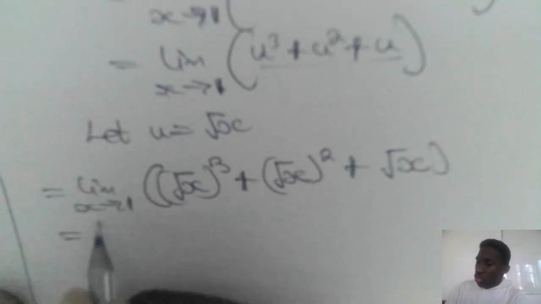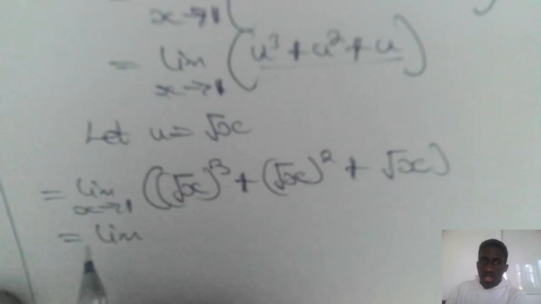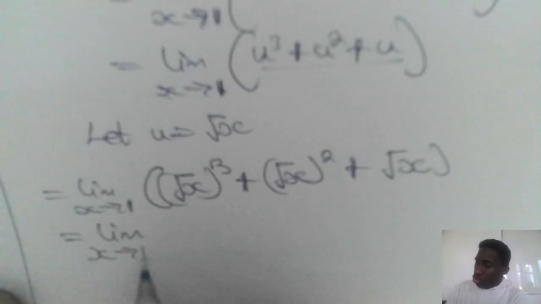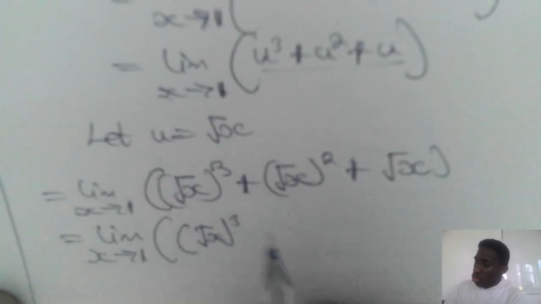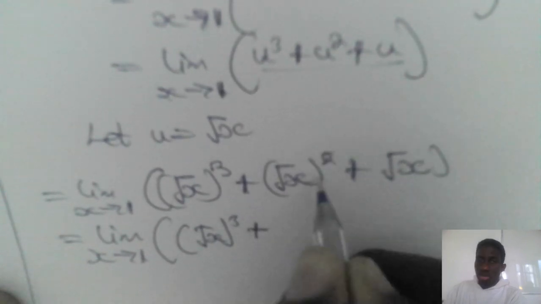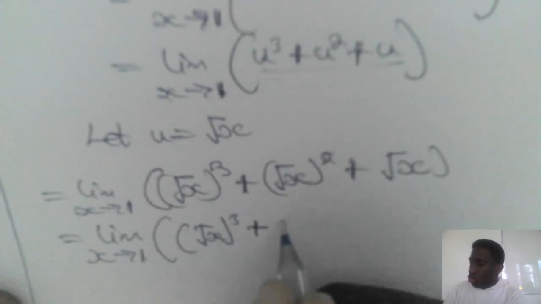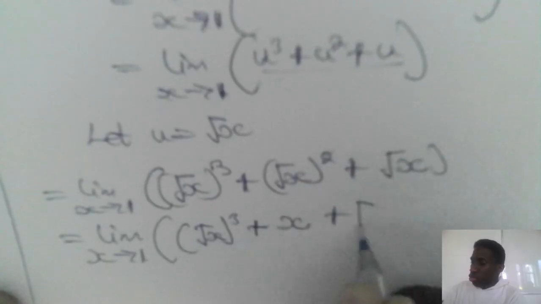So simplifying further, we have the limit as x approaches 1 of the square root of x all cubed plus, the square root squared becomes just x, plus the square root of x.